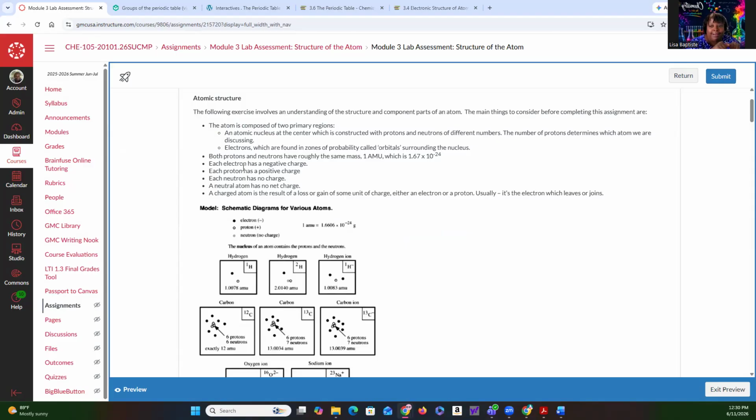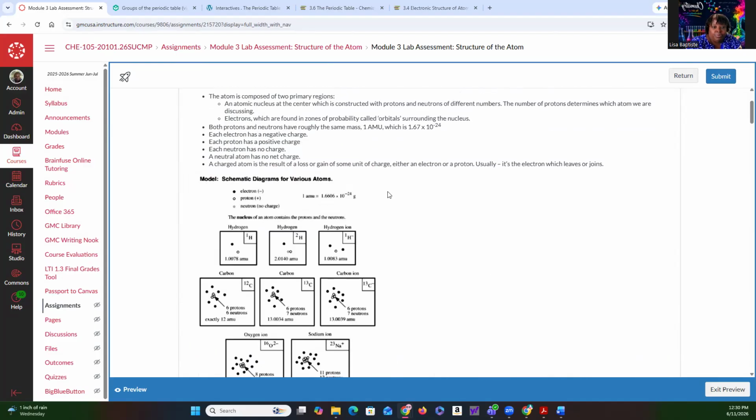Electrons, which are located outside the nucleus of the atom in what's called the electron cloud, have a negative charge. The protons and the electrons, you will find the number of them as the atomic number for that particular element. The atomic mass, when rounded to a whole number, if you subtract the atomic number from the atomic mass, you get the number of neutrons. All right.